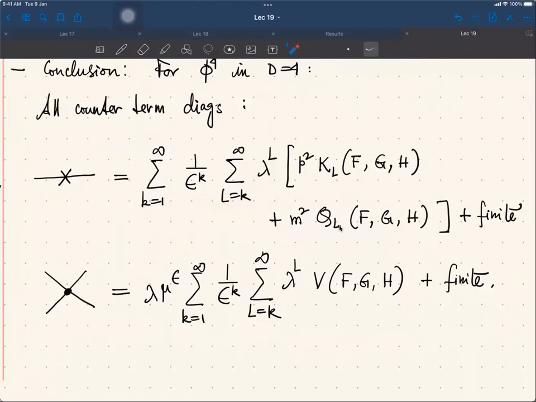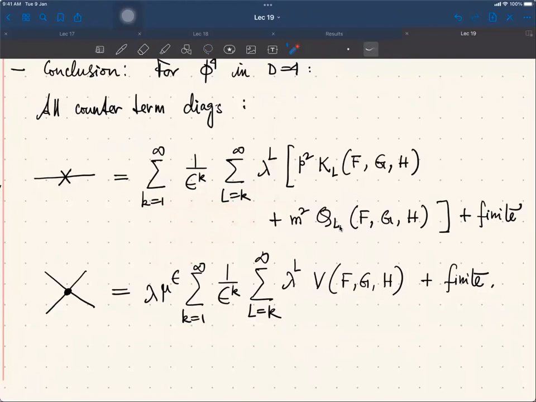So you solve for k, that becomes L minus 1, so there is a term 1 over epsilon to the power L minus 1. Similarly, 1 over epsilon to the power L minus 2, and so on up to 1 over epsilon when k equals 1.